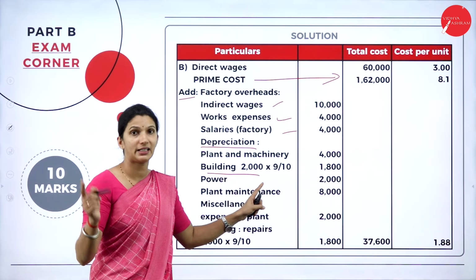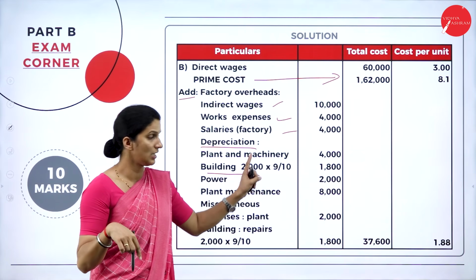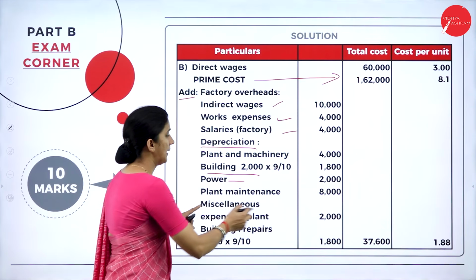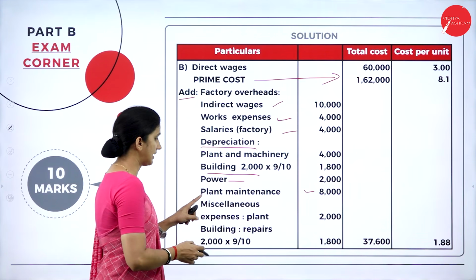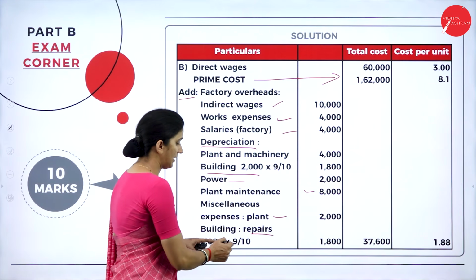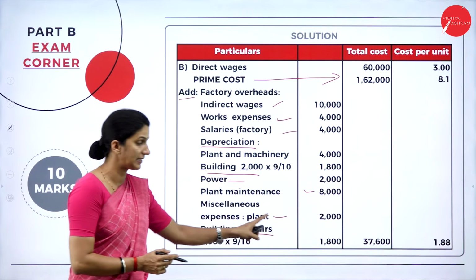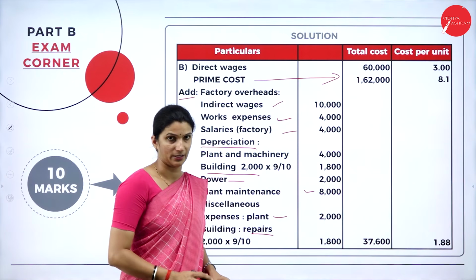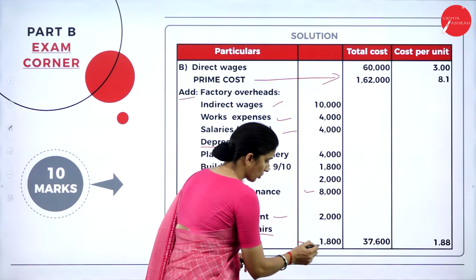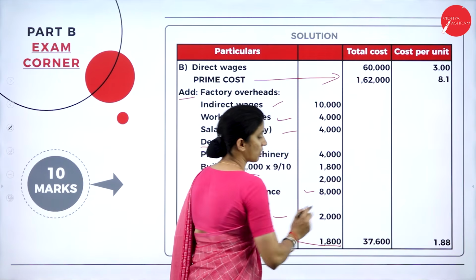In that, 9/10 is the space given for the factory, so 2,000 into 9/10 is 1,800. Then power 2,000. Plant maintenance 8,000. Then miscellaneous expenses on plant 2,000. Then repairs of building again 2,000 into 9/10, it is 1,800. So we will take all these overheads, then do the total and write it in the total cost column.